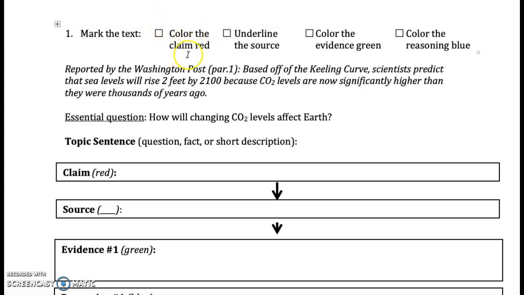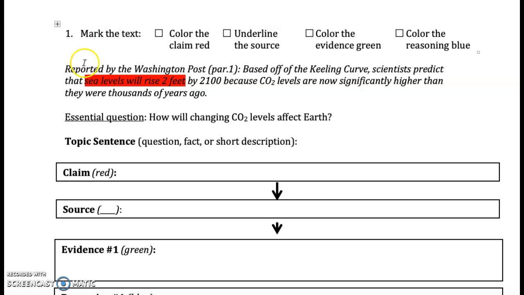So let's start by looking at the claim. We're going to color our claim red. So what is the claim? Again, let's look at our question. How will changing CO2 levels affect Earth? So our claim is, based off of the Keeling curve, scientists predict that sea levels will rise by 2 feet. That right there is our claim, right? So I'm going to highlight that red.